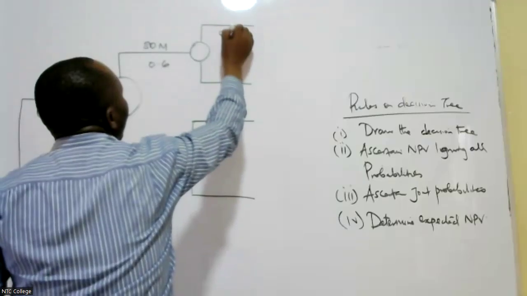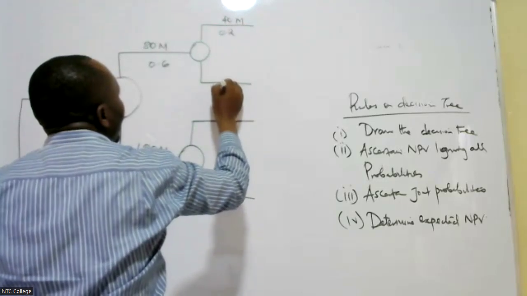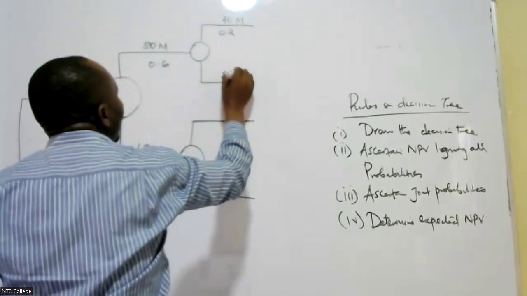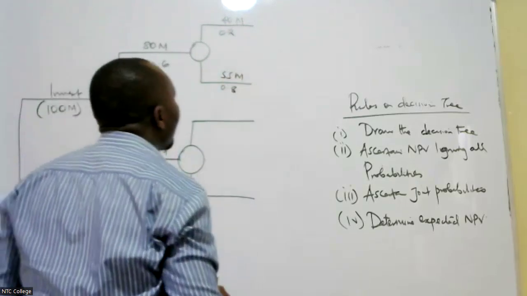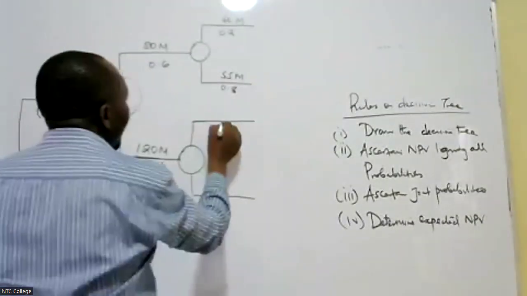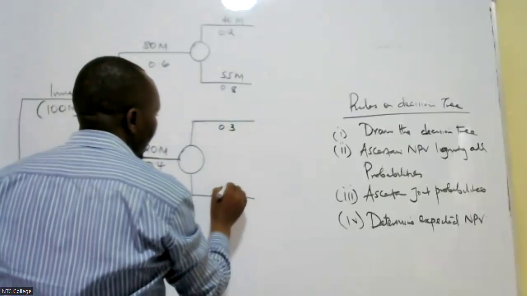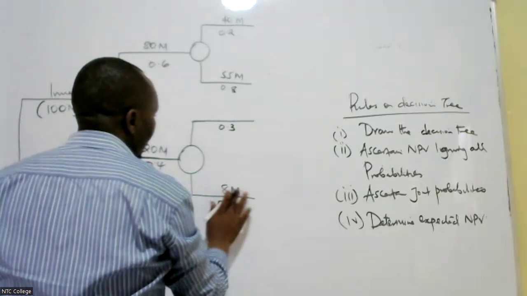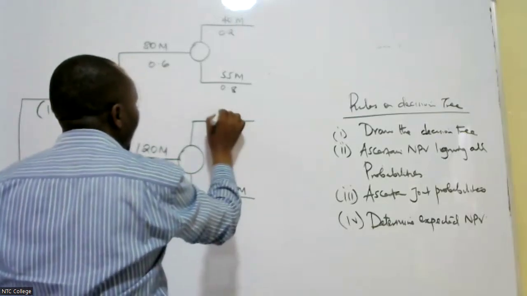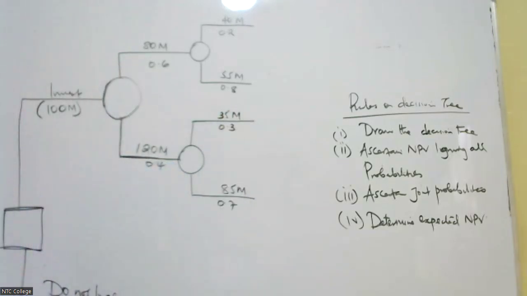Guys, 0.3 and 0.7 there below. Is it like that?